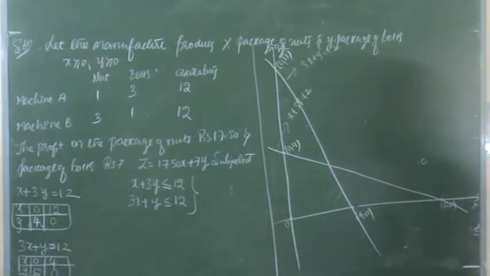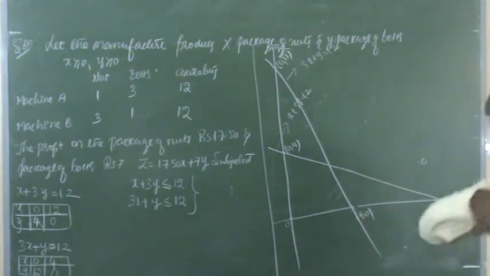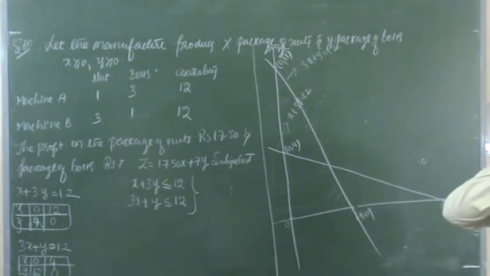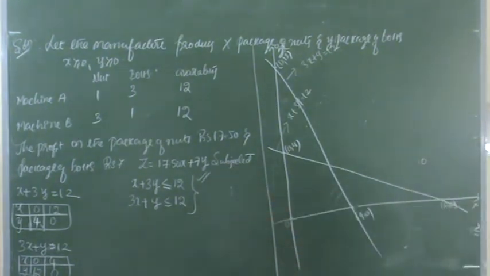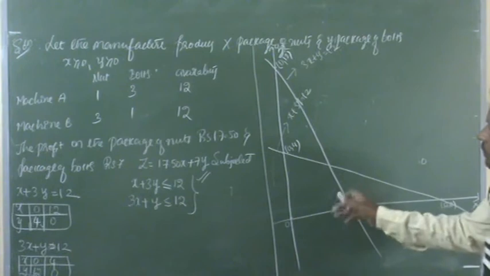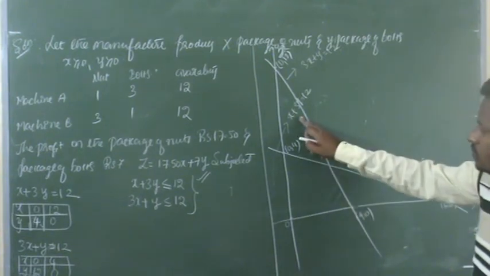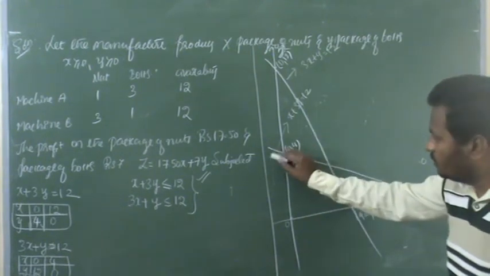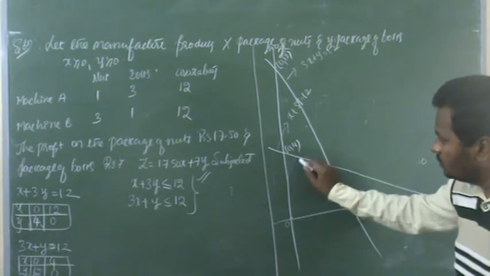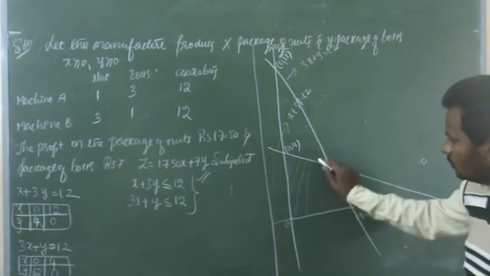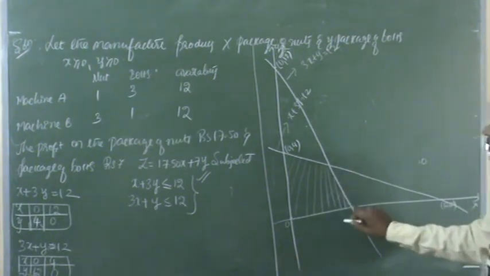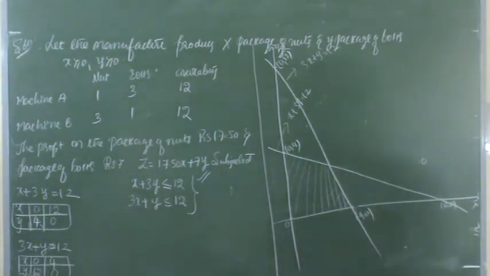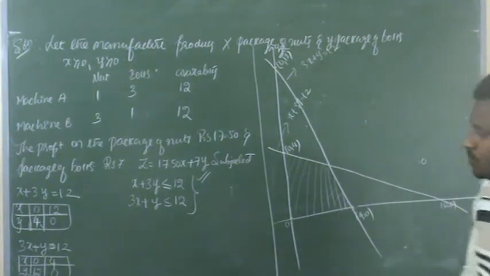Now we have to find the feasible region. For the first equation, the shaded part comes towards the origin side, and for the second equation also it comes towards the origin side because the less than symbol is given.